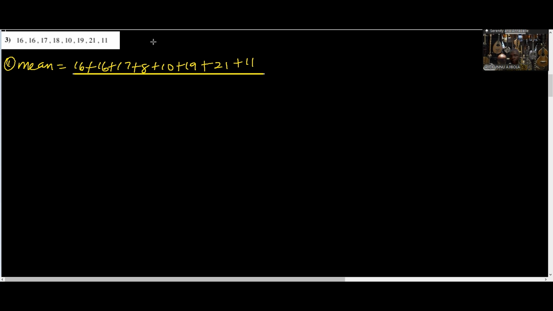So these are how many data we have: one, two, three, four, five, six, seven, 8 numbers. So for the 8 numbers, 16 occurs two times. So let's get the mean. Mean equals 16 plus 16 plus 17 plus 18 plus 10 plus 19 plus 21 plus 11, everything divided by all of the entries.